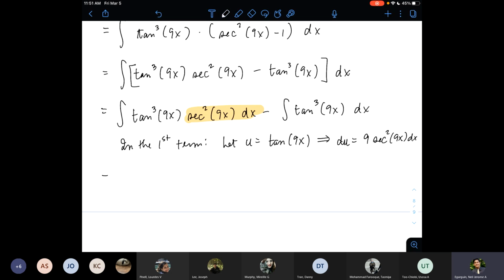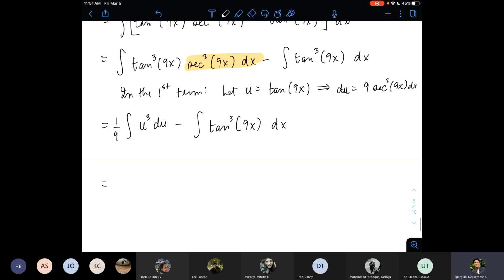So this will just be the integral of 1/9 times u cubed du minus the integral of tangent cubed 9x dx. You don't have a problem with the first term. It's going to be 1/9 u to the 4th over 4, so that would be tangent to the 4th 9x all over 4 minus the integral of tangent cubed 9x dx.